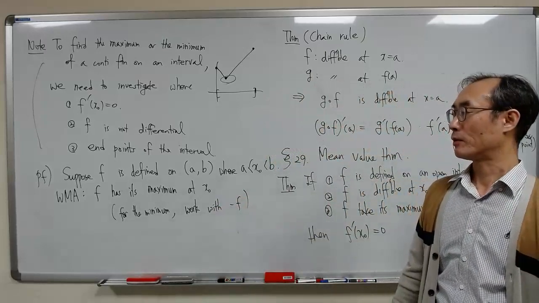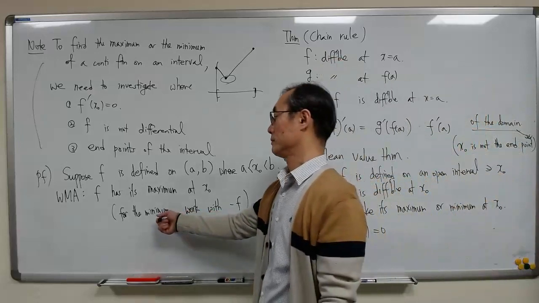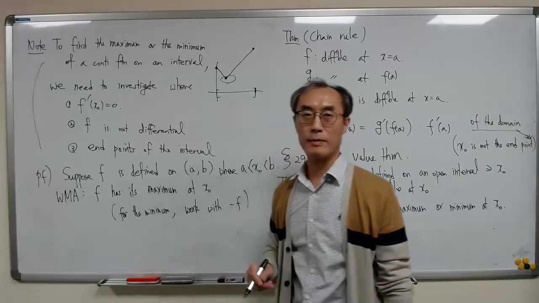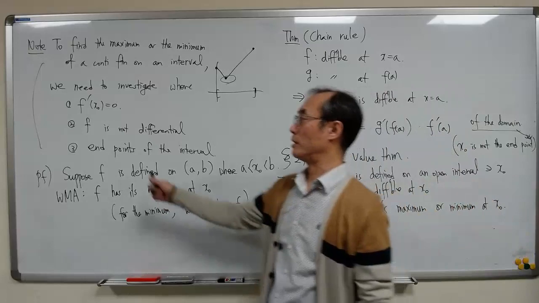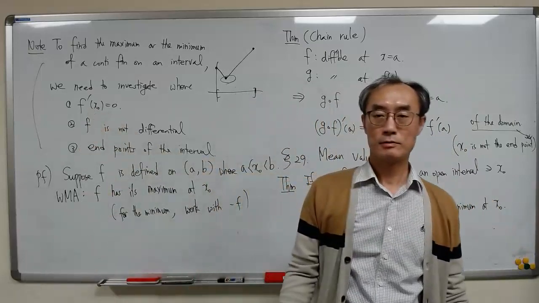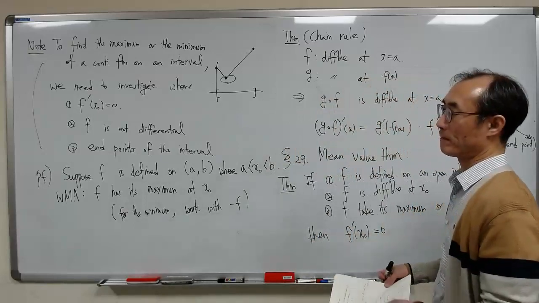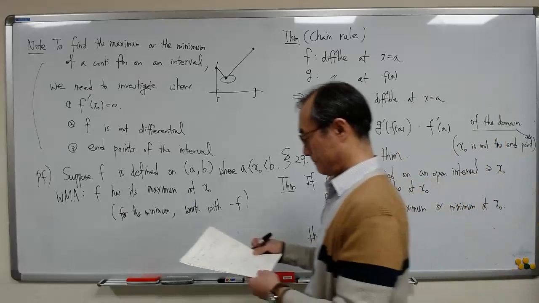If the function f has the minimum point, the function minus f obtains the maximum. And the vanishing derivative for f of x and minus f of x, both of them should be 0.